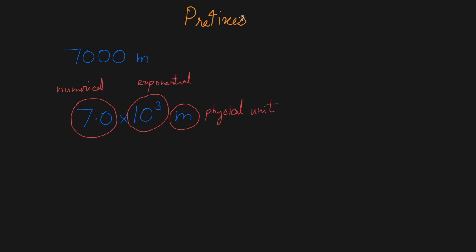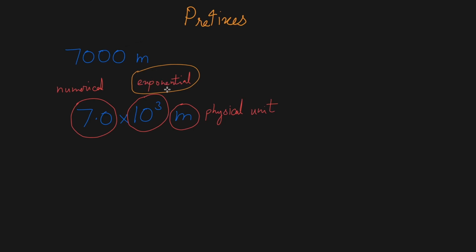The part where we are mostly concerned in this video, since we're talking about prefixes, is the exponential part here. So let's forget the numerical form and the physical unit for the time being. Let's focus on the exponential form, which is actually the topic of this video.